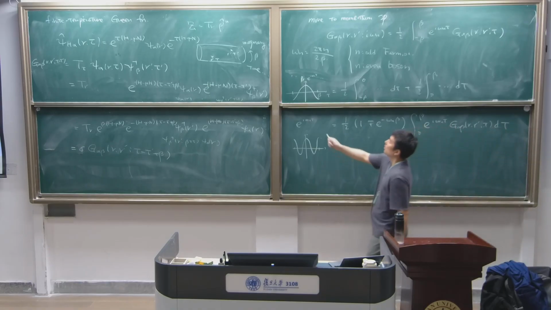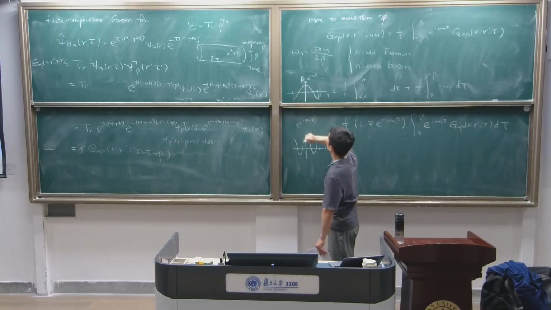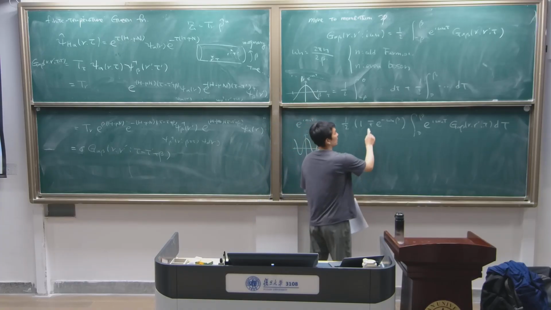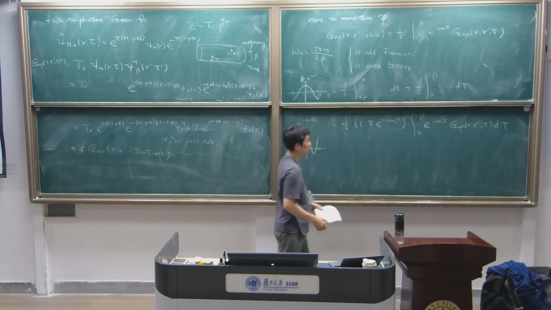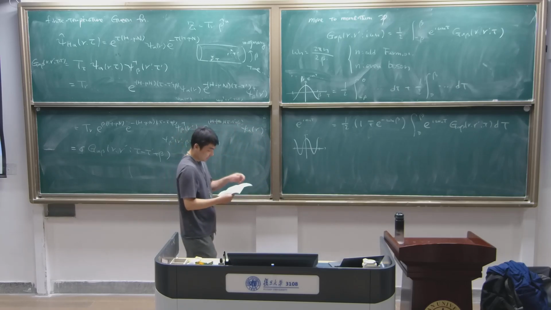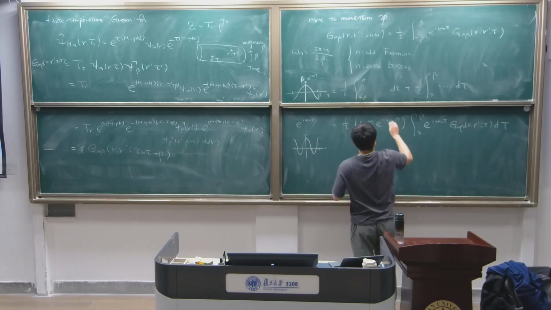So from minus beta to beta to 0 is replaced by 0 to beta by just adding this part. This can be done because of this property.